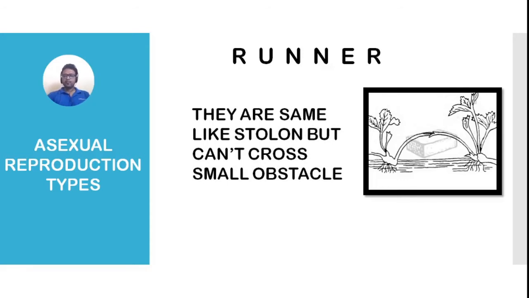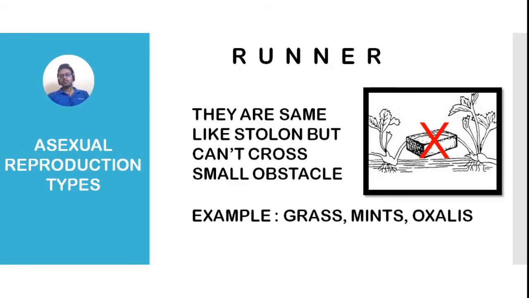If there is a brick in front of this runner, then this runner cannot cross this obstacle. So this is the main difference between runner and stolon. Runner cannot cross a small obstacle, and stolon can cross a small obstacle in front of it. And runner is commonly seen in grass, mentha and oxalis.